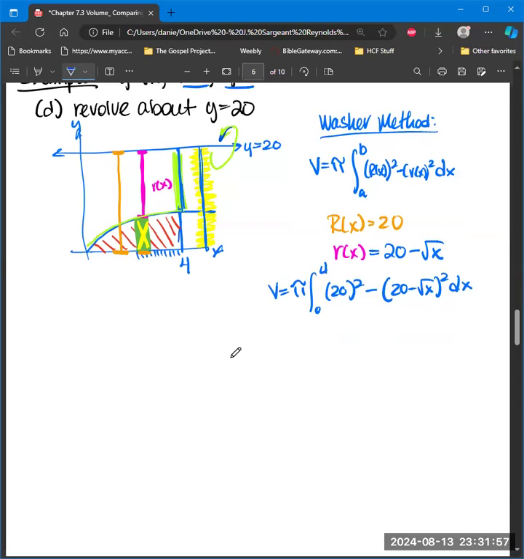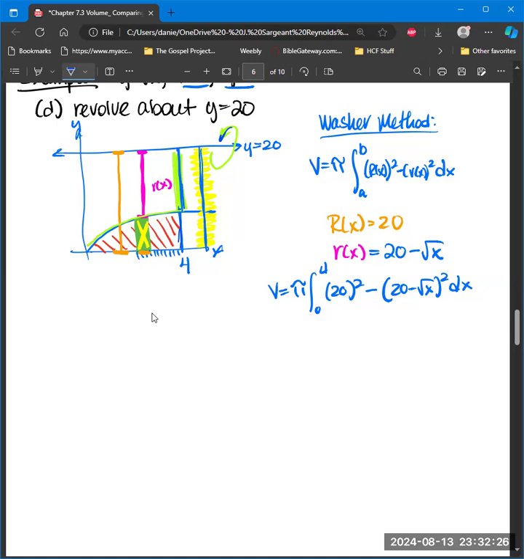Really, there's no nice way to use the shell method here to make the horizontal rectangle. I mean, we could try it if you want to, but that doesn't make sense because you just have this boundary of 4. You get a messy representative rectangle there.